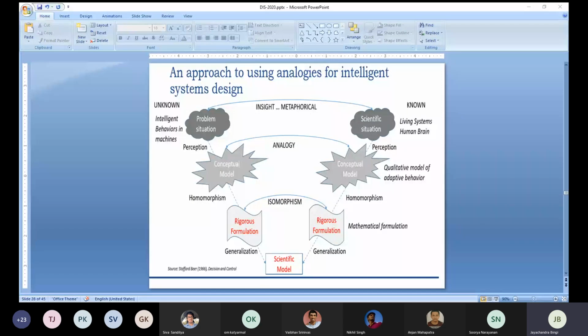Can you bring this kind of functionality which you see in nature into your system? If you are able to bring it by using electronics, software, or mechanical methods, can you bring these functionalities which change with respect to time and conditions into your system? In that case, you are mimicking the qualitative behavior.